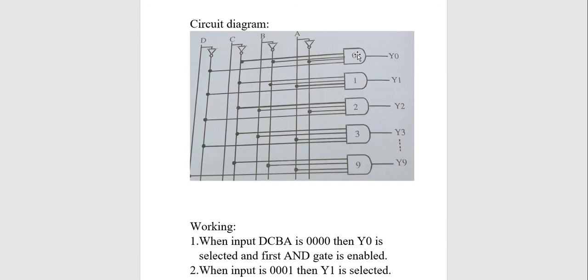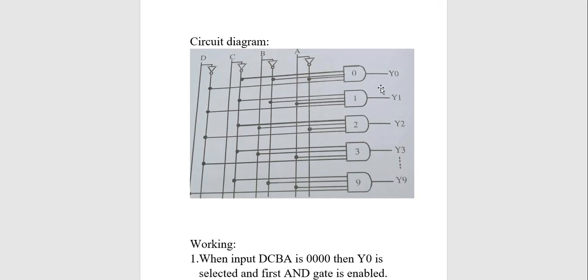And if you give the input as 0, 0, 0, 1, at that time your second AND gate will be selected, and the output Y1 will be displayed. Similarly, there are different combinations which are given in your truth table.